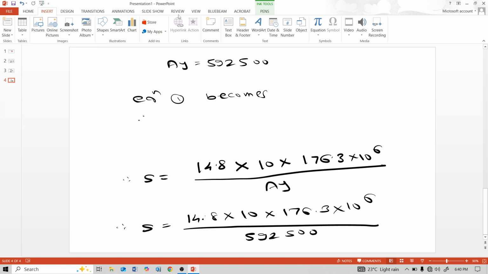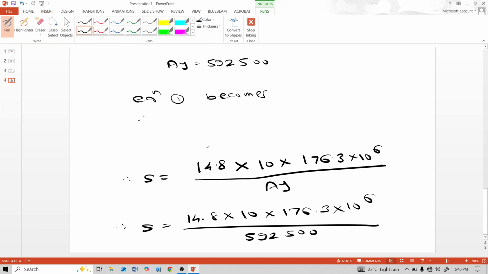Why Newton? Because this 14.8 is in Newton per mm square, the moment of inertia is in mm raised to 4, A is in mm square, and Y is in mm. So the mm units get cancelled, and S comes out in Newton.